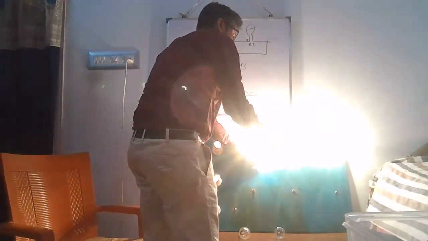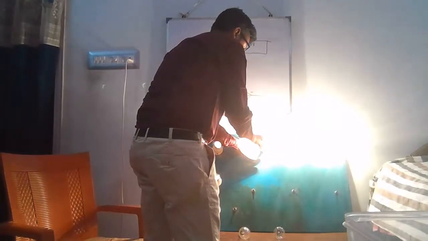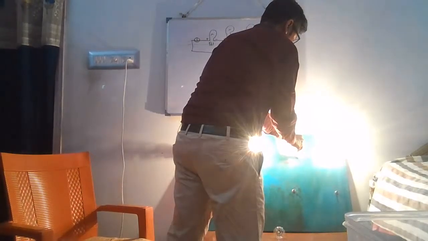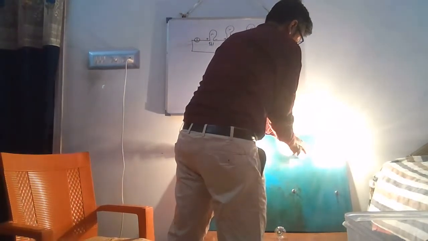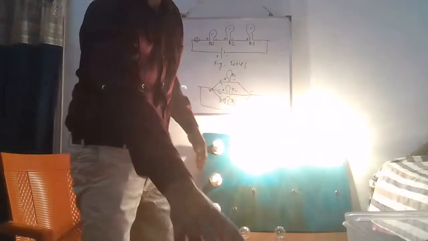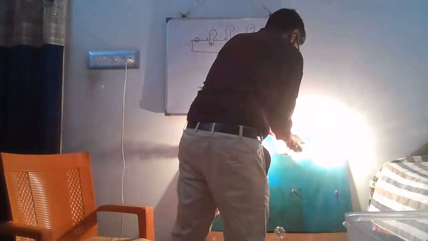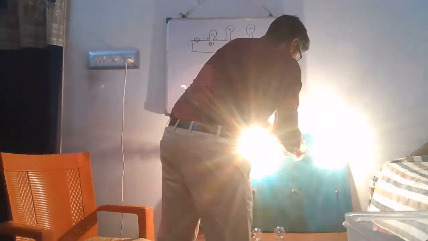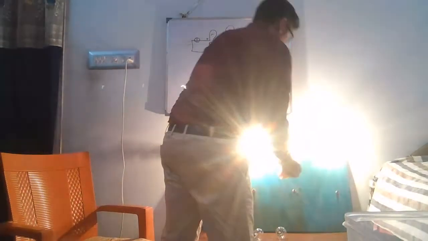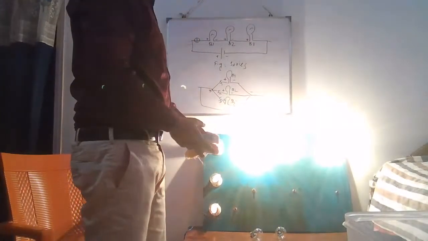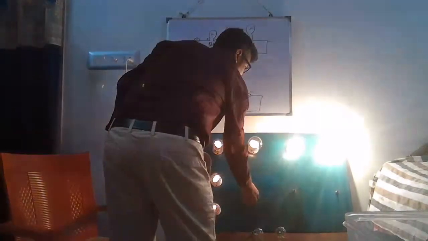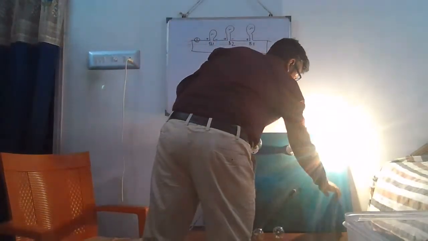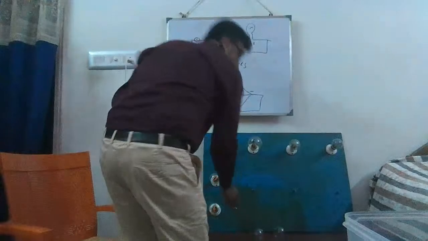So the 200-watt bulb is glowing more. And in place of the 100-watt bulb, I am using a 25-watt bulb. So the 25-watt bulb is glowing less. Just compare, the 25-watt bulb is glowing less. So this is sufficient.